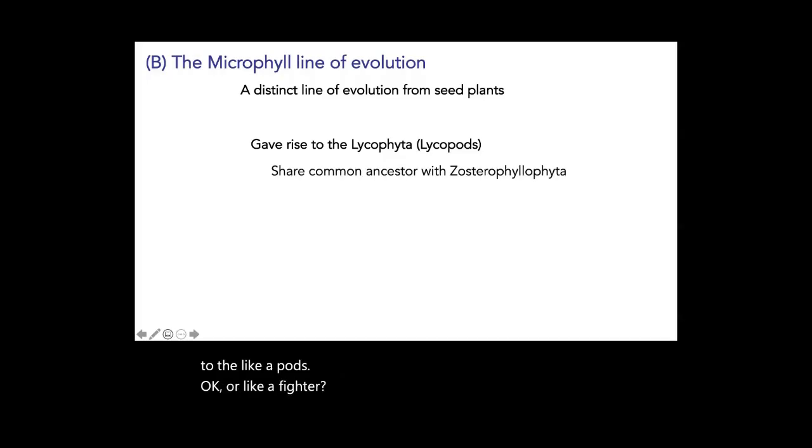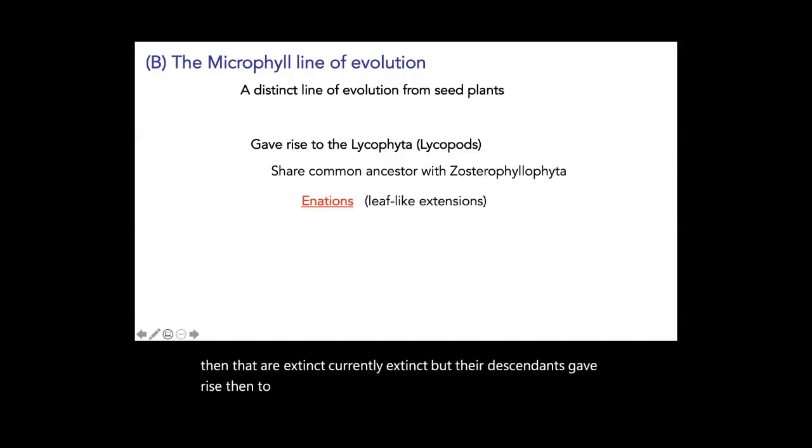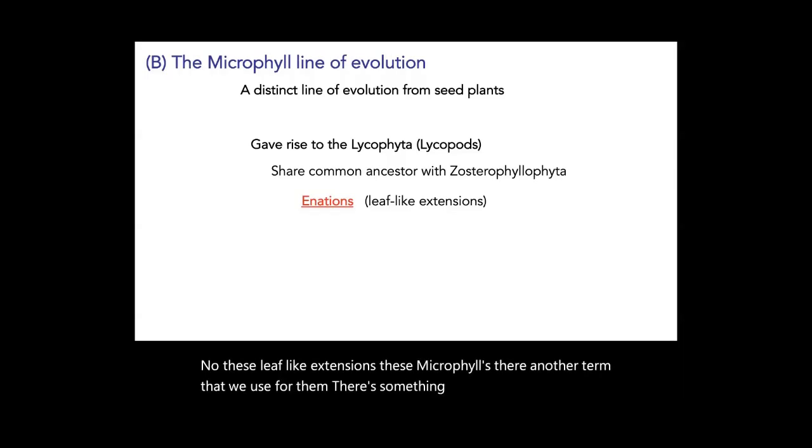So they share a common ancestor with the Zosterophyllophytes, which are currently extinct, but their descendants gave rise to lycopods. Now, these leaf-like extensions, these microphylls, there's another term that we use for them: enations, E-N-A-T-I-O-N-S. And these enations are these leaf-like extensions, okay?